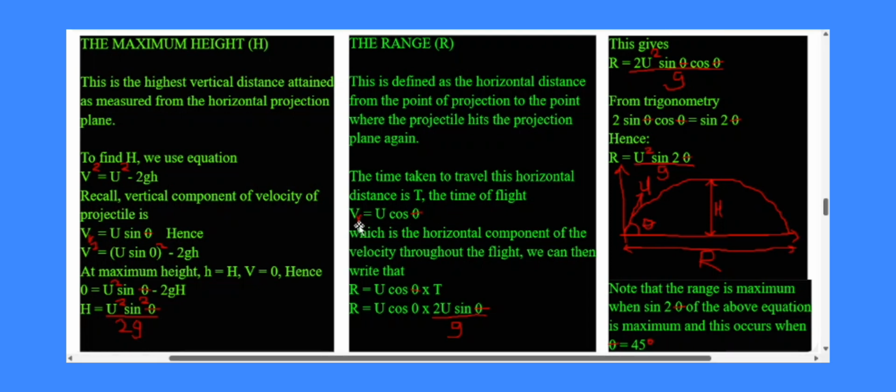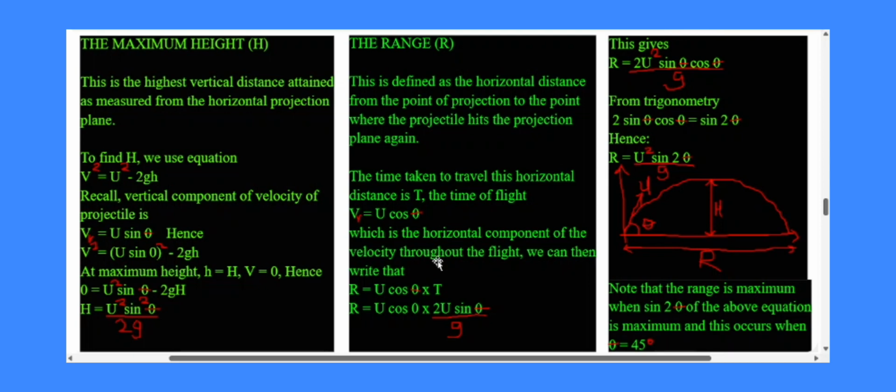In this case, we are going to be using the horizontal component of the velocity, V_H, that is u cos theta, because we are interested in calculating horizontal distance, which is the range.